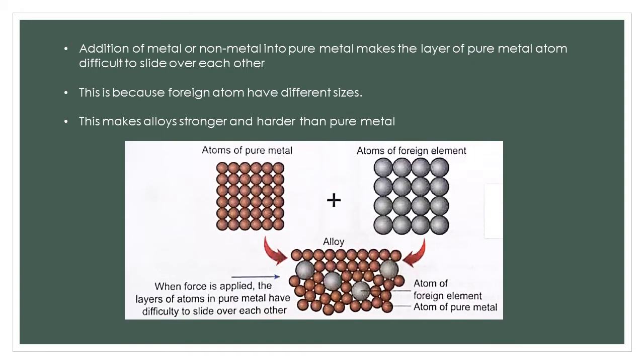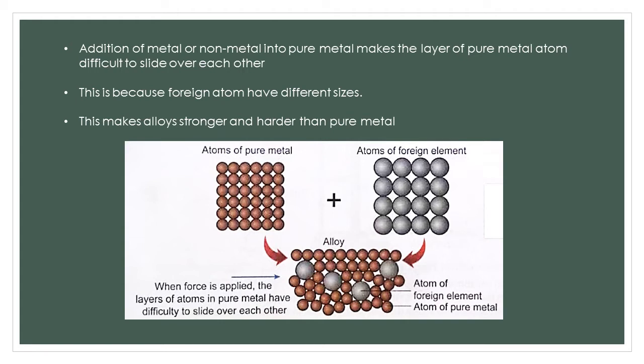Okay, now look at the diagram. The atoms of pure metal, which are brown in color, are added with atoms of a foreign element, maybe metal or non-metal. When these atoms are mixed together, you can see the foreign atoms are between the pure metal atoms.